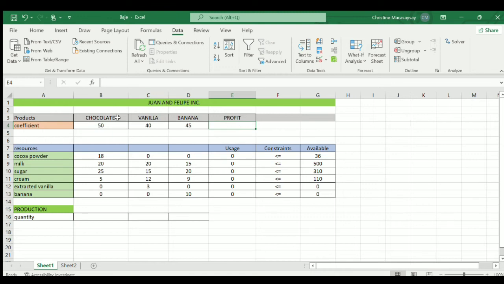So 50 for the chocolate, vanilla is 40, and banana is 45. Now, in getting the profit, we need to use equal sum product again, then highlight chocolate, vanilla, and banana times the quantity.